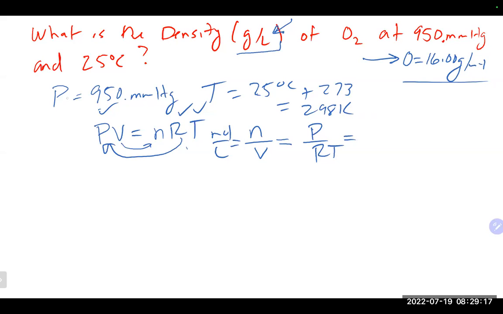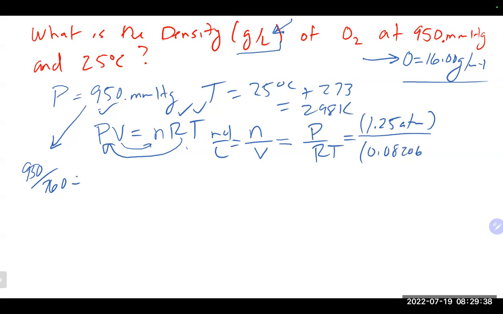And we would want to, again, use the correct units for everything. So we do need to convert our millimeters of mercury into atmospheres. So we're going to take 950 and divide it by 760, and that is going to get us 1.25 atmospheres, which is what we need here. We're going to use our 0.08206 liters atmosphere per Kelvin mole, and our temperature at 298 Kelvin.